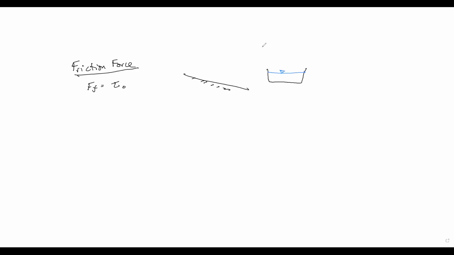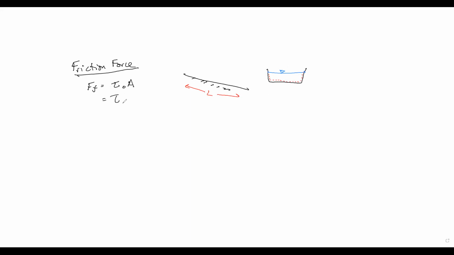That friction term is acting along this wetted perimeter, which also has a length L. So if this is shear stress, force over area times area, we get force back out.